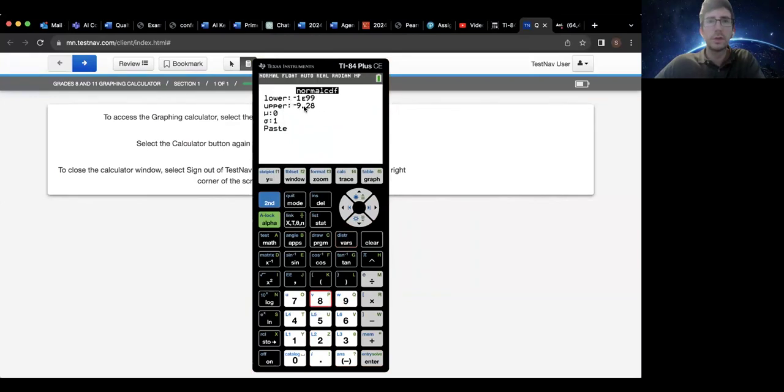So from negative infinity to negative 9.28, in terms of z-scores, a standard normal distribution with a mean of 0 and a standard deviation of 1. Let's paste it in there, and it gives us a 0. We need to multiply this by 2 to get both tails, but of course 0 multiplied by 2 is just 0.